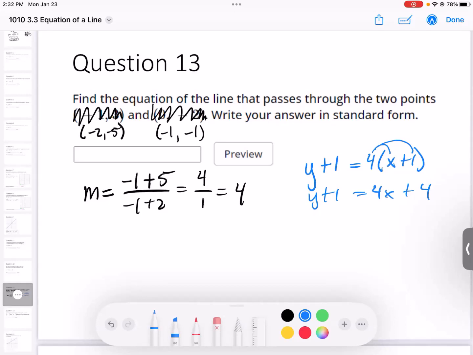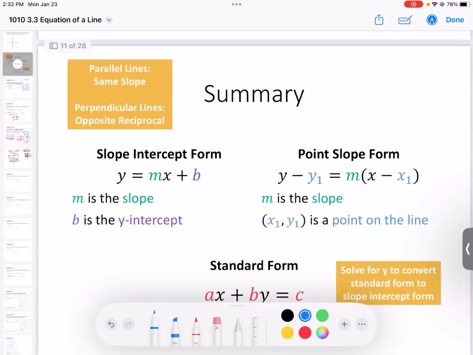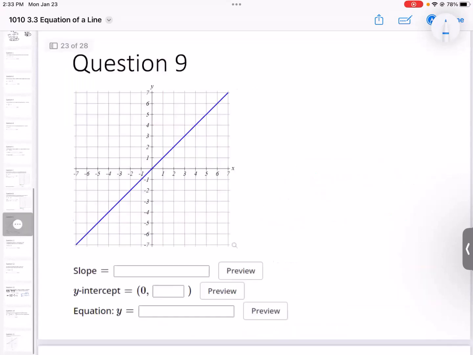Standard form looks like this, where A, B, and C are all whole numbers. And then I forgot to write this down, but A also has to be positive. That's one of the qualifications of standard form.